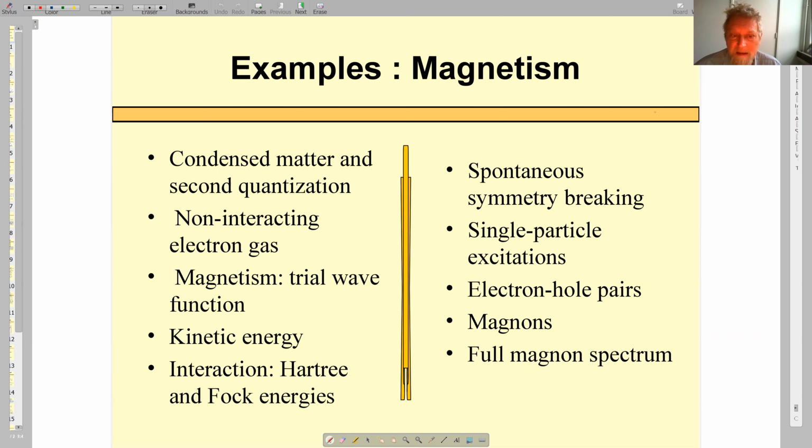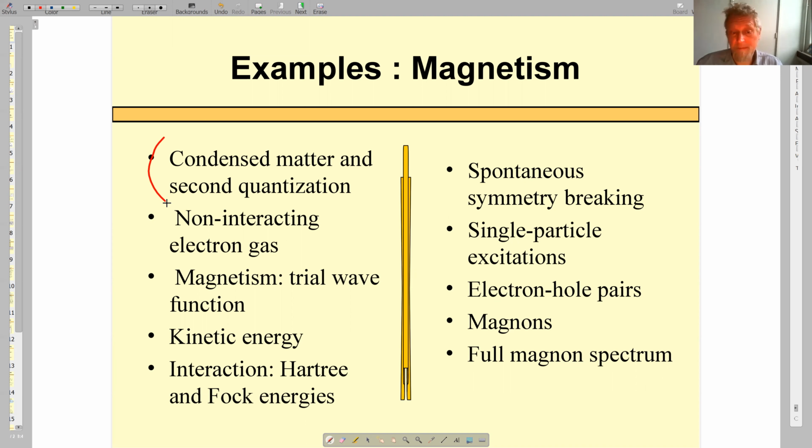new state, magnetic state. Right, so I will start just talking in general about why at all I'm talking about condensed matter systems. What is the catch?